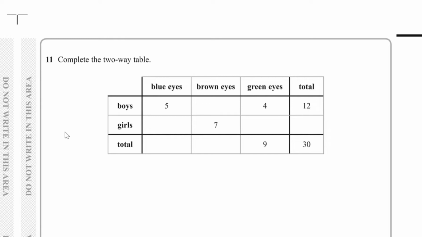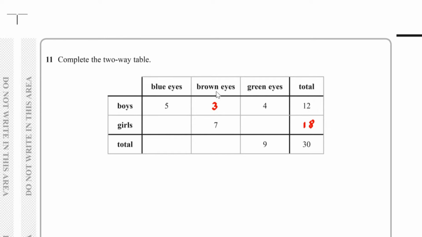Question number 11, we have to complete the two-way table. Well, if I think about how many boys I've got in total, I've got 12 of them. 5 have blue eyes, 4 have green eyes, and therefore the number of boys with brown eyes, 12 take away 4 take away 5 is 3. If I find out the total number of girls, 30 people in total take away the 12 boys, that will be 18, so we have 18 girls.